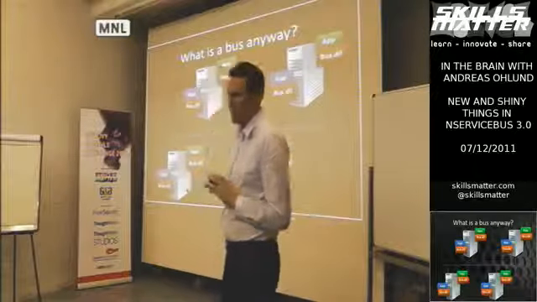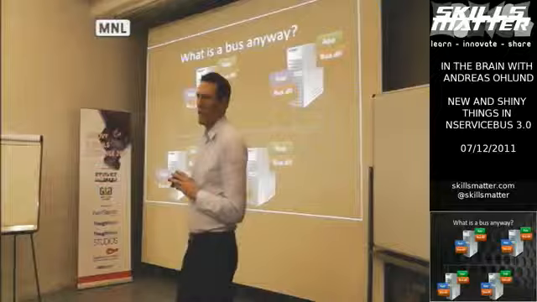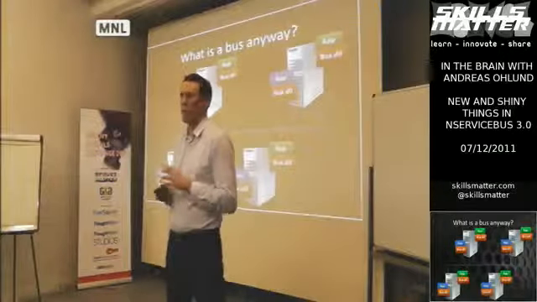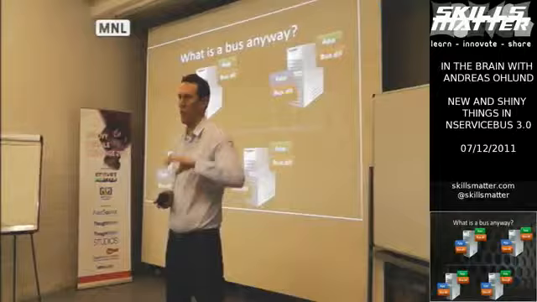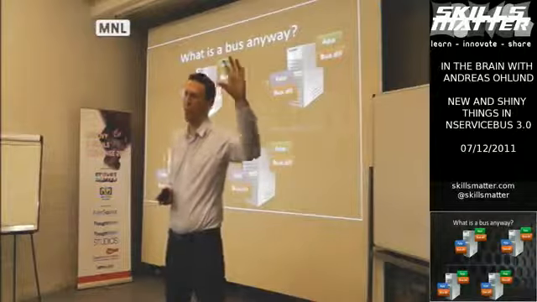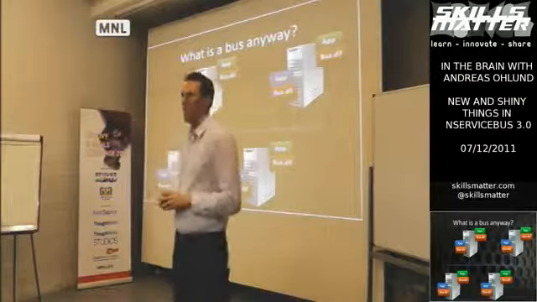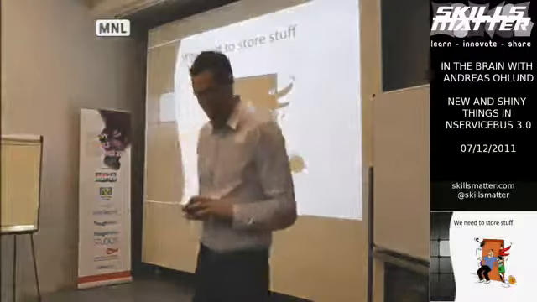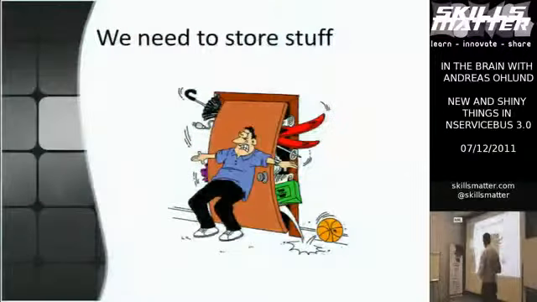Yeah, so a bus is everywhere. It's helping your applications to talk to each other, to have your order service talk to your billing service. But there are a couple of things that are different between NServiceBus and Ethernet. We have some add-on functionality.